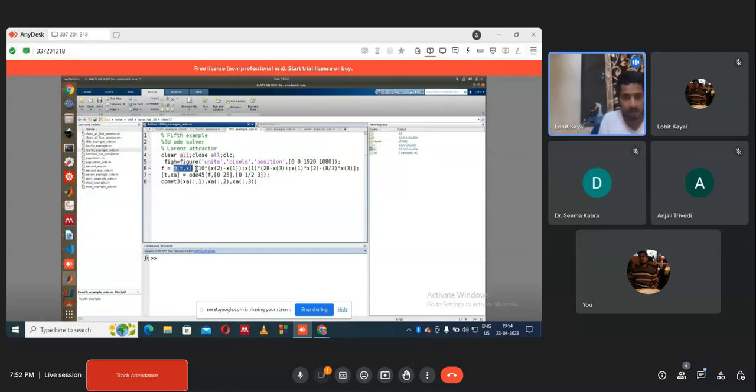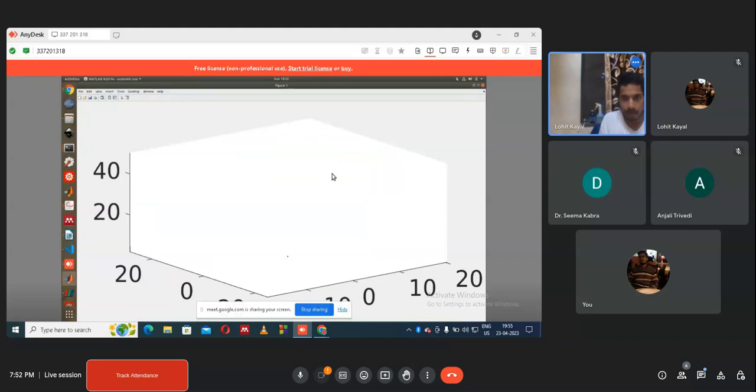Now there are three variables x, y, and z, so at x naught, I need to provide three initial conditions: x1 equal to 0, x2 equal to half, and x3 equal to 3. And now if I play it, you can see that it is doing the entire step.